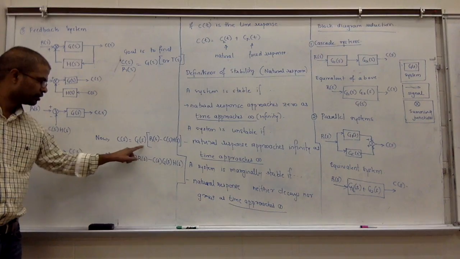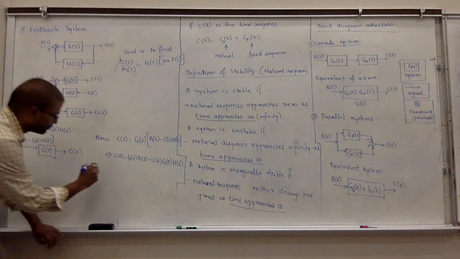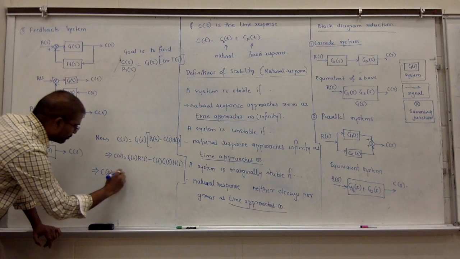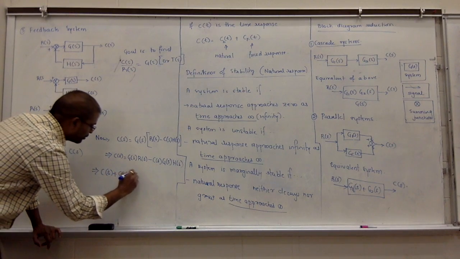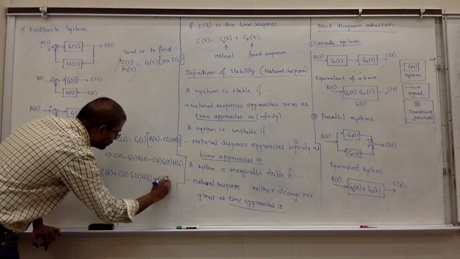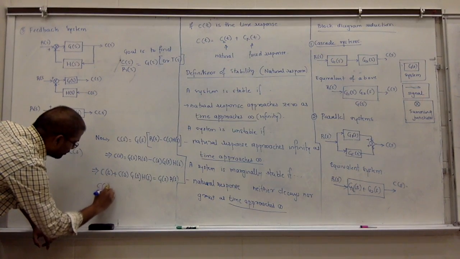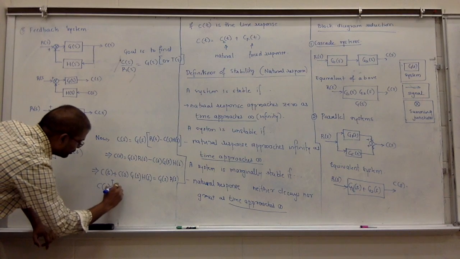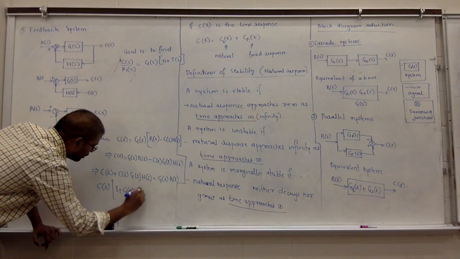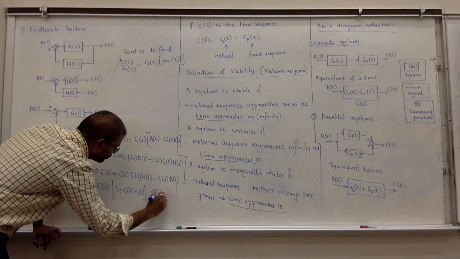I'll take the C of S on this side: C of S plus C of S G of S H of S is equal to G of S R of S. Now I take C of S common: C of S times 1 plus G of S H of S equals G of S R of S.